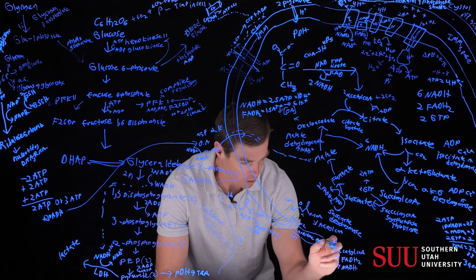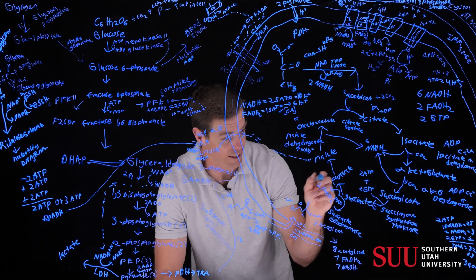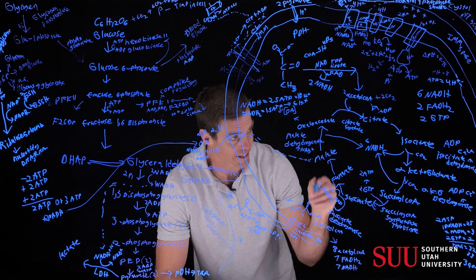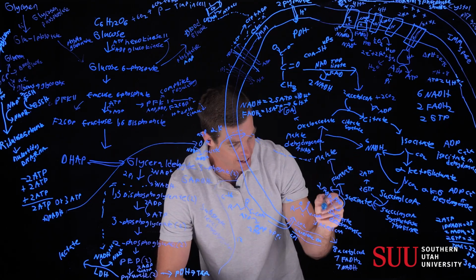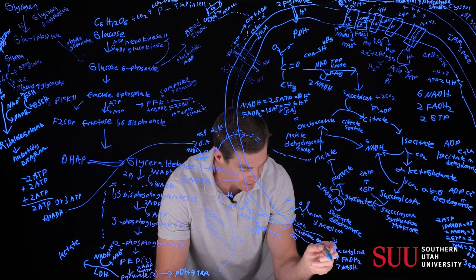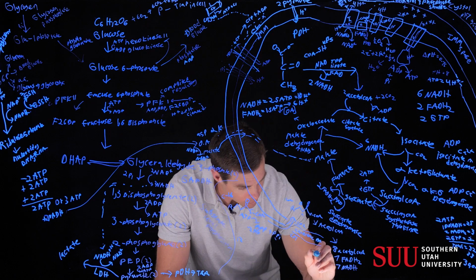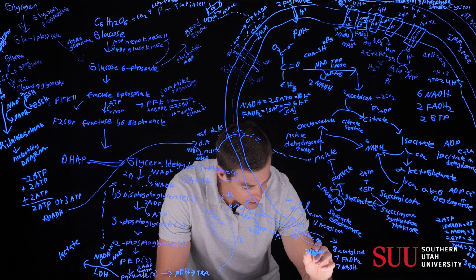So we have 8 acetyl-CoAs. We go around the citric acid cycle, and we count how many times we're going to get NADHs. If we do our NADHs first, we have 7 NADHs, so we're going to get a total of 31 NADHs.